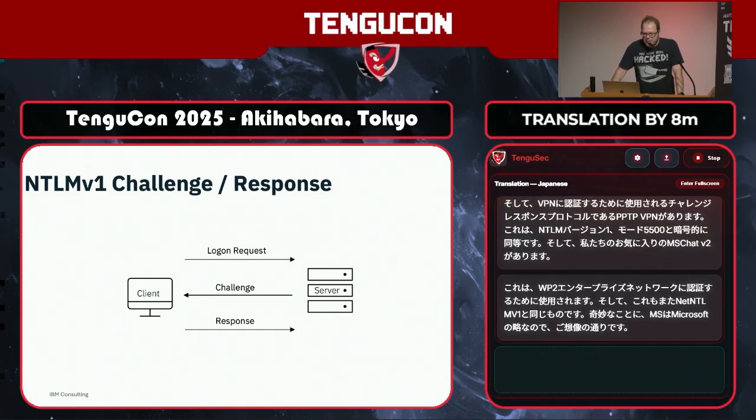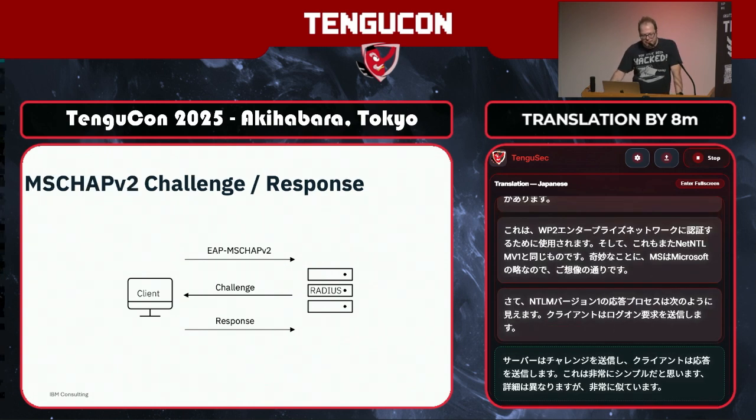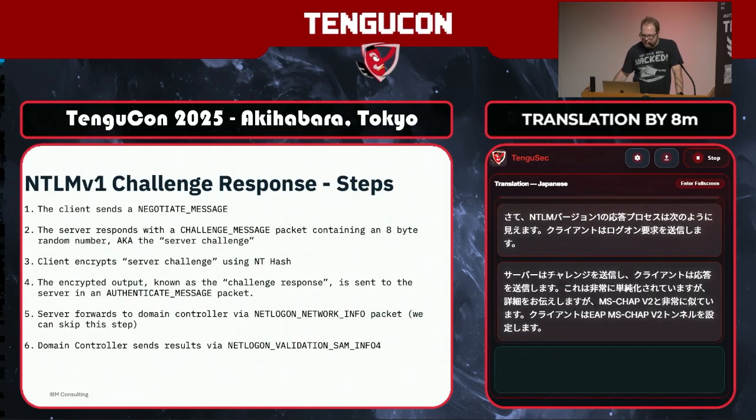Client sends a logon request, the server will send a challenge, the client sends a response. Now, this is very simplified, we'll get into details, but it's very similar to MSCHAP-v2. Client sets up an EAP MSCHAP-v2 tunnel, RADIUS sends a challenge, client sends a response. It's a little more nuanced, but you kind of get the gist.